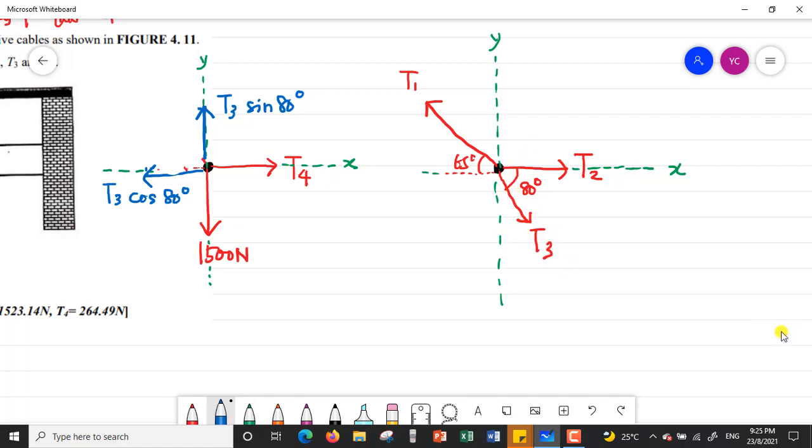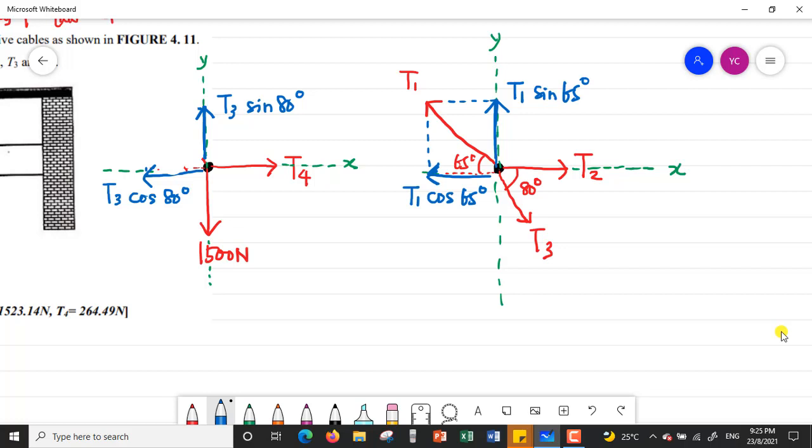So I resolve T1. I get the component X of T1 as T1 cos 65, and then the component Y of T1 as T1 sin 65.